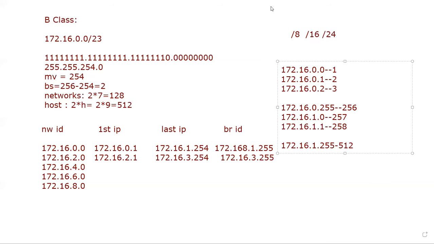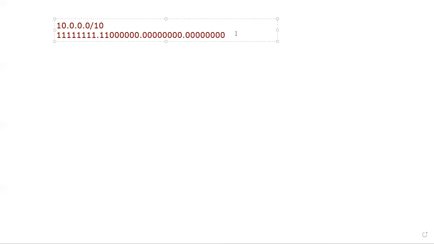Now, for example, you want to solve for A class, like /10. For /10 the mask is 255.192.0.0, counting the bits: 1 to 16, then 8 and 8 for the remaining octets.